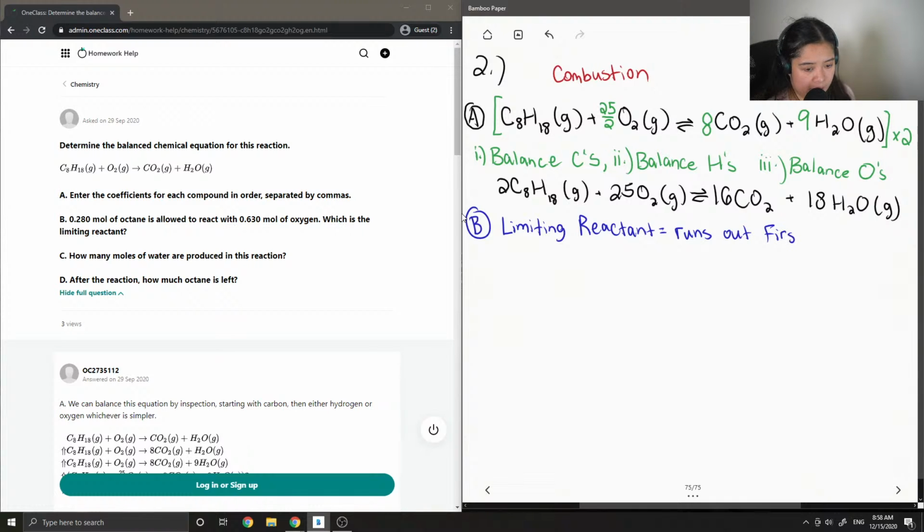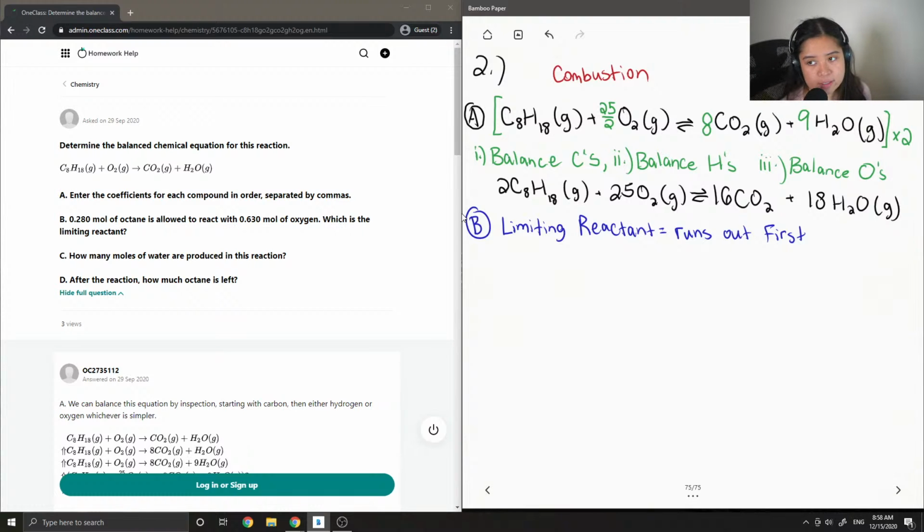Because most of the time you won't have an equal amount of reactants, and when one runs out, the other one doesn't always run out. Usually you have one that has more. So the one that runs out first is our limiting reactant.